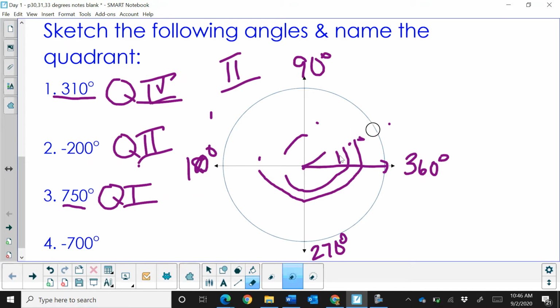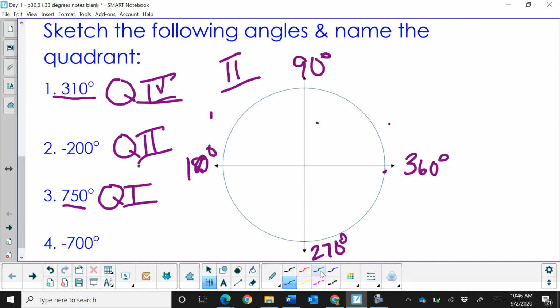So now let's try negative 700. Where is negative 700 going to land us? Well, let's start. Where do we always start? We always start on the x-axis.